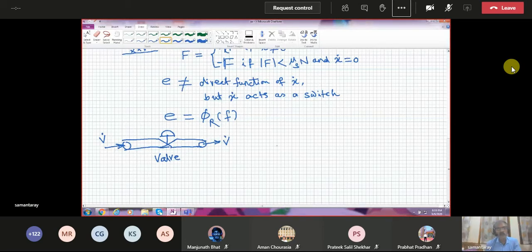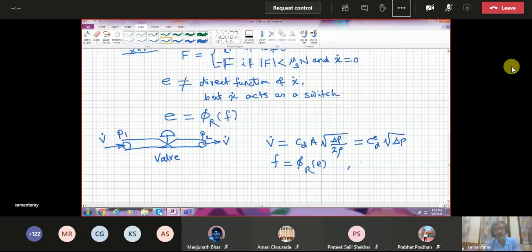If the pressure here is P1 and the other side pressure is P2, then we know Q is a function of delta P. So let's call it Cd A square root of 2 delta P by rho, and all these parameters being constant, we can take them as some effective Cd effective square root of delta P. So what we have, Q is a nonlinear function of effort.